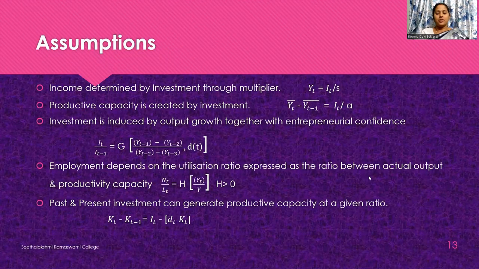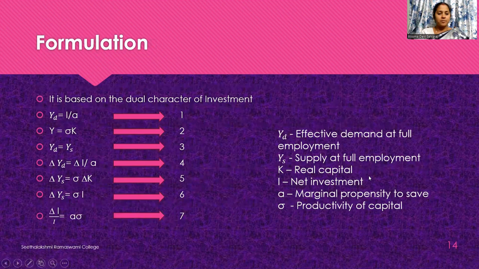Based on these assumptions, Domar has formulated his model based on the dual character of investment, because it will increase the productive capacity and generate incomes. The two sides of investment provide the solution for steady growth. Before looking into the equation, let us know what the indicators represent.